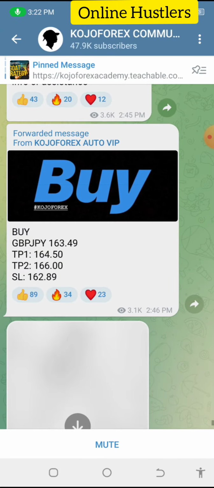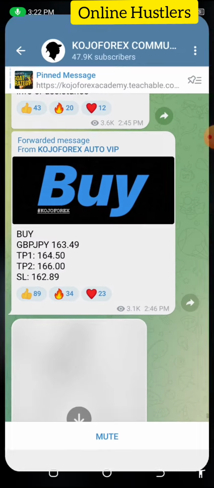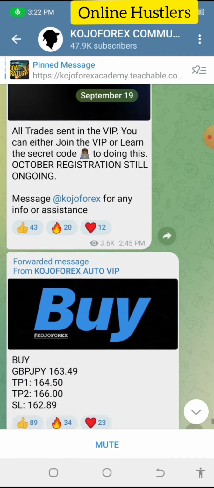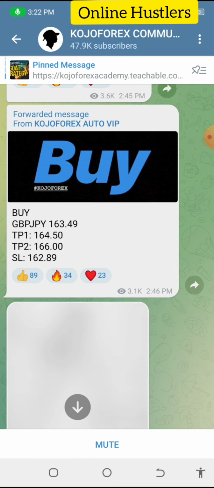So when the trade is ongoing and it has bypassed take profit one and is still ongoing, what you do is adjust the stop loss to take profit one. You adjust the stop loss from here to this TP1, so that in case the trade reverses, it will stop at take profit one. So you don't lose anything. That is break even. You adjust your stop loss to break even at take profit one. That's very interesting.